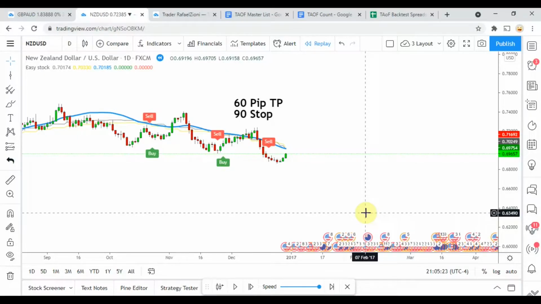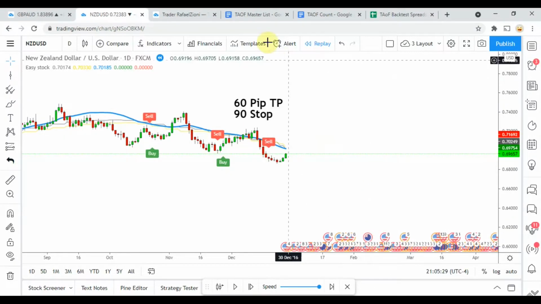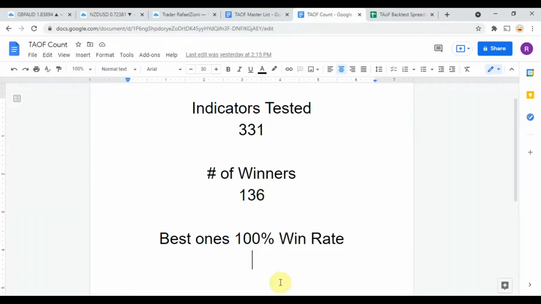Alright, as I said, today we will be testing the easy stock indicator. Before we do though, I wanted to put the indicator scoreboard up for everyone to see. To date, we have tested 331 indicators, and out of those 331, 136 of them have been winners, which means that they have met or exceeded the 60% win-loss ratio threshold that we have set for them. The best ones so far were able to achieve a 100% win rate.